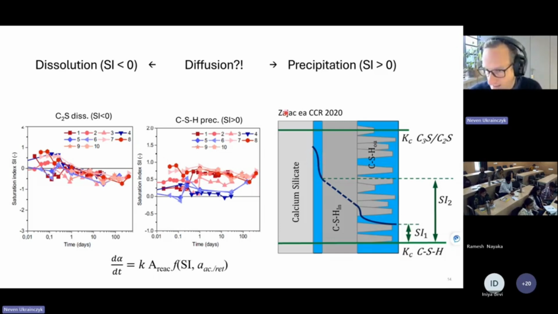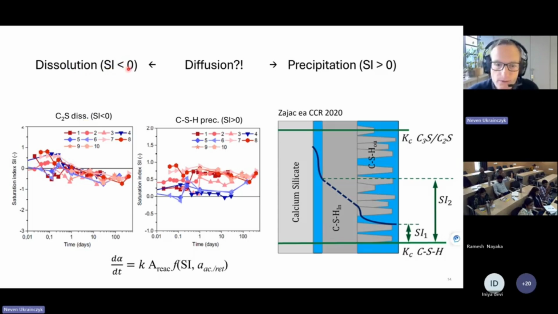And actually, Zayats from the Heidelberg Cement group measured the ion concentration in the C2S hydration, and they showed that when you measure the ion concentration, you could see the saturation indexes, and for dissolution it means that the saturation index is smaller than 0.